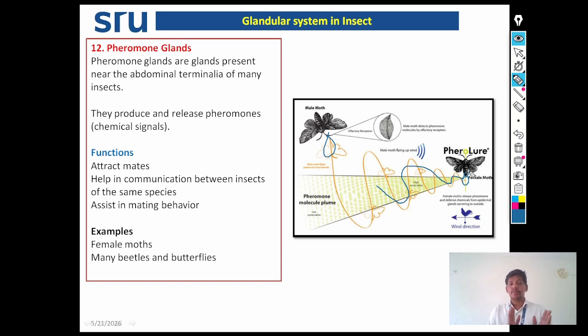We communicate by means of language, but insects communicate by means of producing chemical signals, that is, pheromones. Their secretion attracts mates, helps in communication between insects of the same species, and assists in mating behavior. Pheromone glands are seen in female moths, many beetles and butterflies.